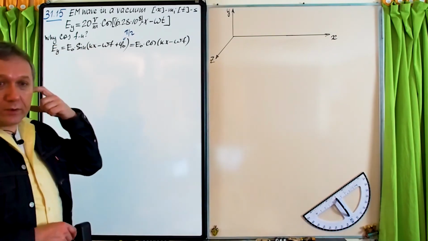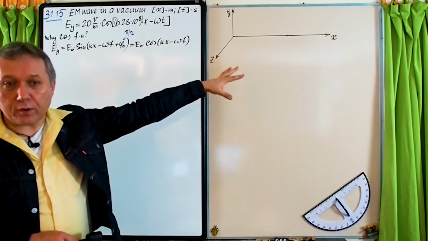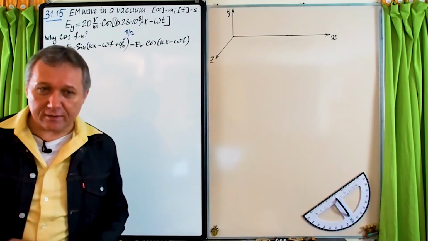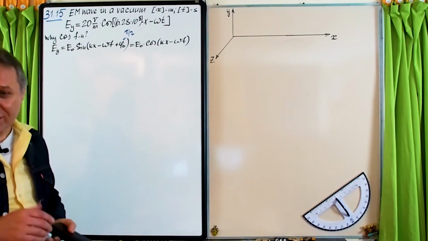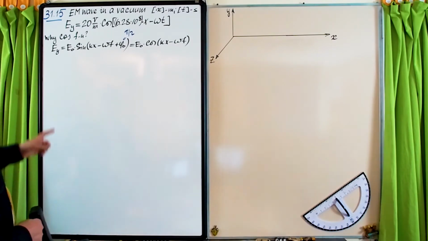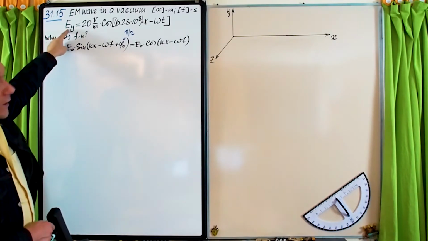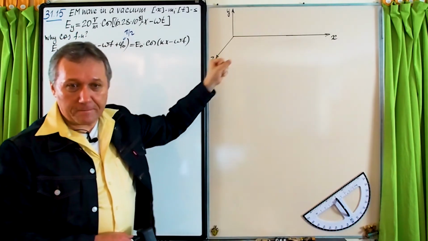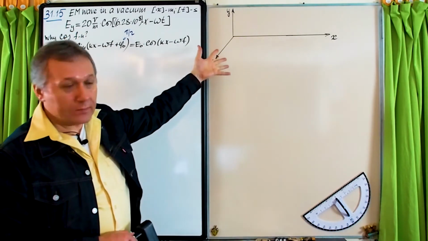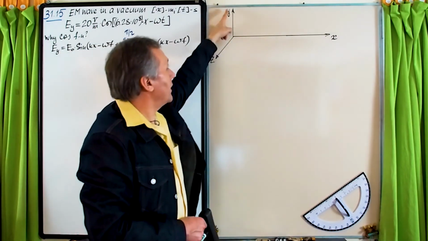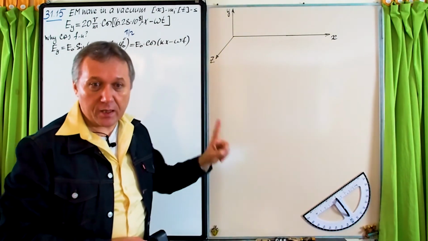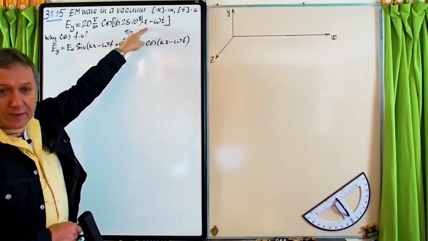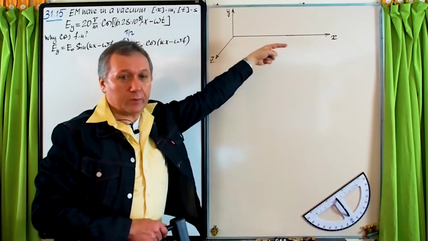Now let me plot the graph. It's a snapshot graph, like what we had just now in my presentation. The electric field oscillates in the y direction, the vertical direction, but the wave propagates along the x-axis.